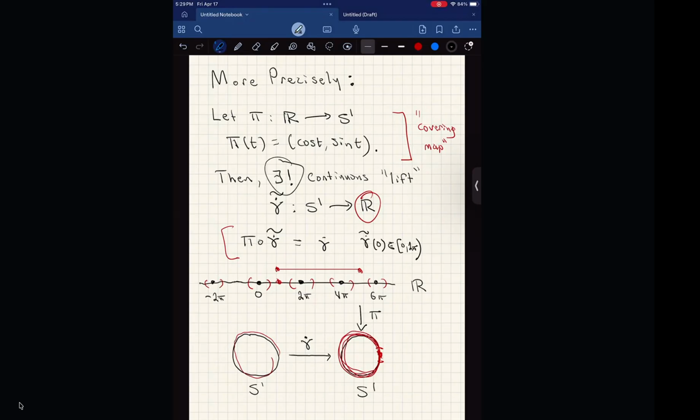So the definition of our winding number, or our rotation number in this case, is equal to, I take this lift, evaluate it at 2 pi, and then subtract the value of the lift at 0.